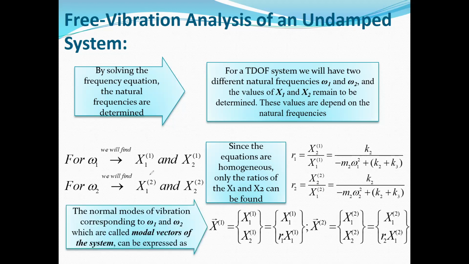And also here I should mention that please be careful about the indices. Here you can see x with superscript 1 and subscript 1, and x with superscript 1 and subscript 2. So these indices are very important. The superscript 1 means these are the amplitudes related to the first natural frequency, and the superscript 2 denotes the amplitudes of the response for the second natural frequency.